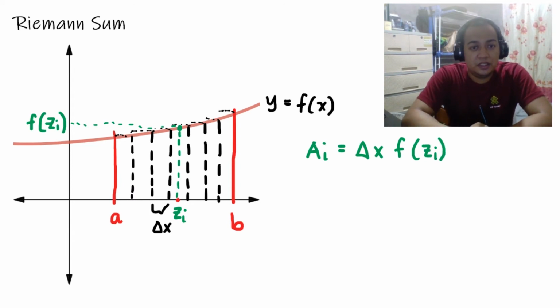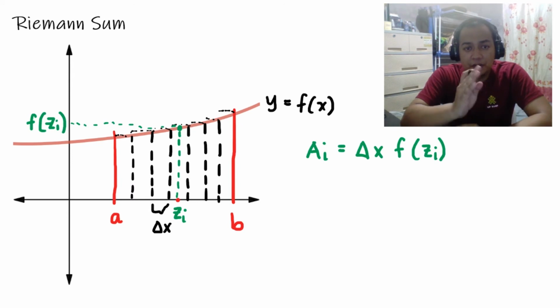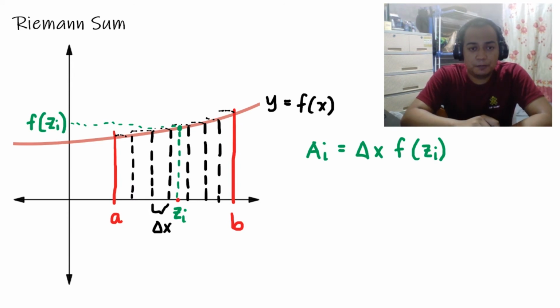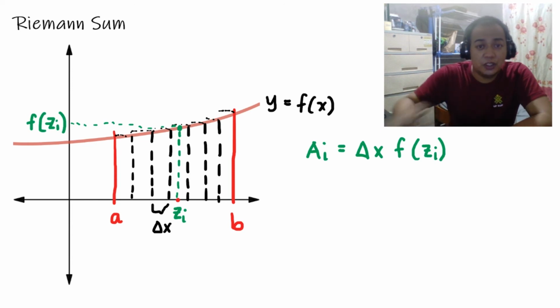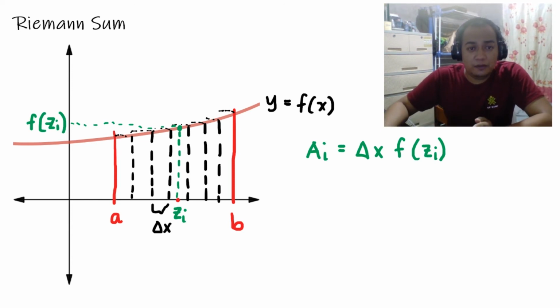There are a lot of rectangles here, so to calculate for the total area, we need to sum the areas of the individual rectangles.